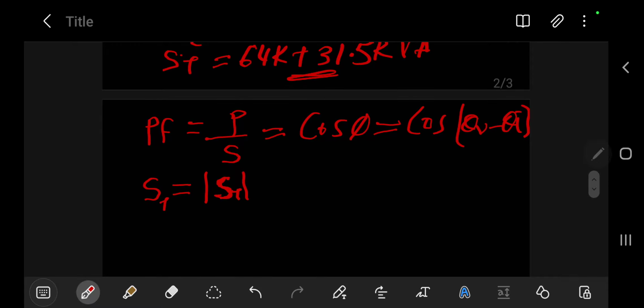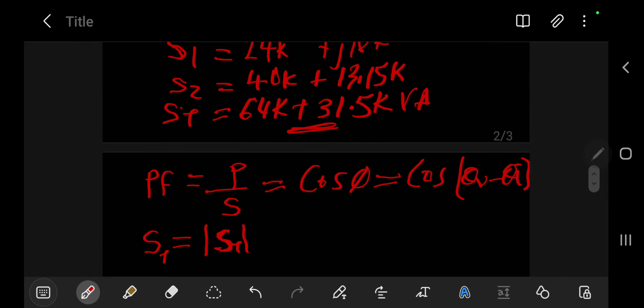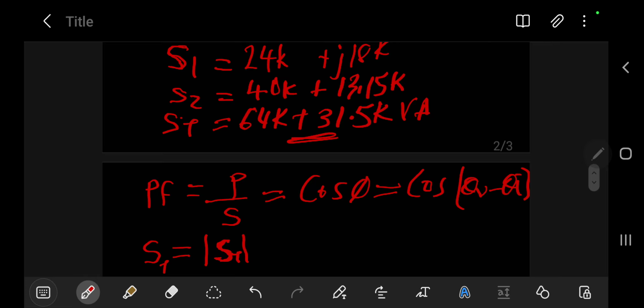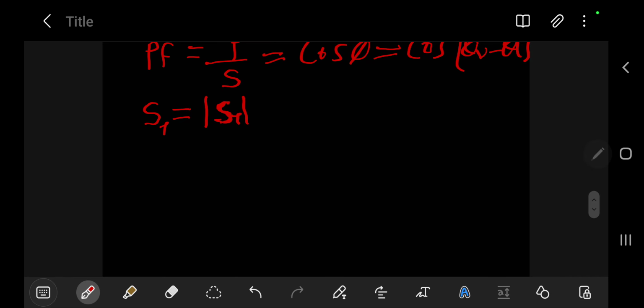So, do we know what the total real power is? We just need to come here. This column represents the real power, and this is the reactive power. So the total real power is 64K. Now we need to know what the magnitude of S total will be.